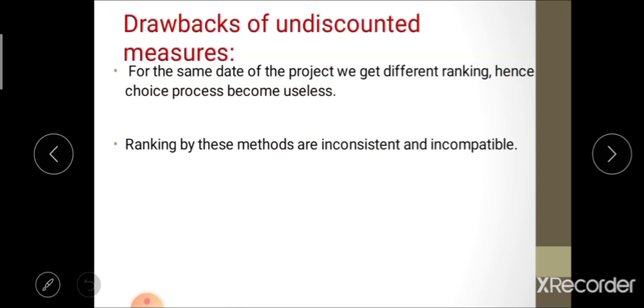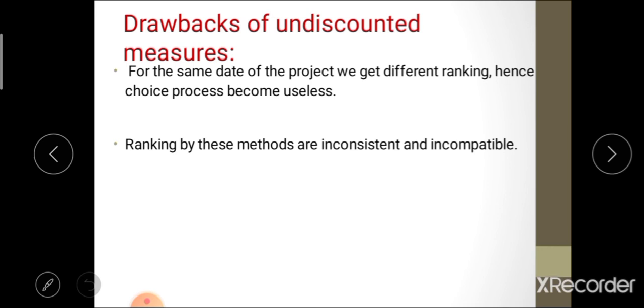After this method, next one is drawbacks of undiscounted measures. In case of undiscounted measures, it is just choosing among the alternatives. So for the same data of projects, we get different rankings. Hence, the choice process becomes useless.